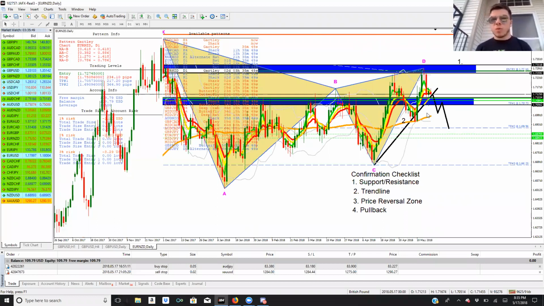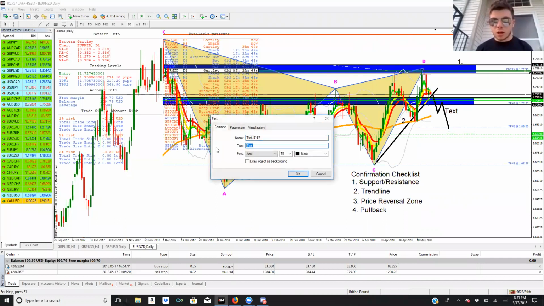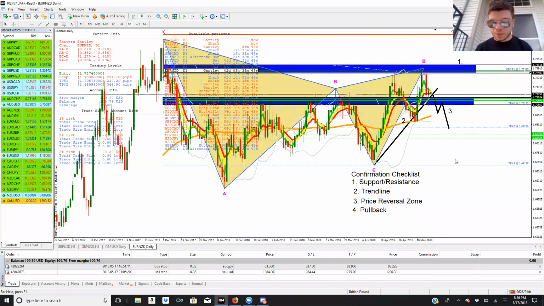Okay, but we got our confirmation. We're gonna put a 3 right at this area because that's gonna be our price reversal zone, but I'll relabel that in a sec because I actually like something a little better.